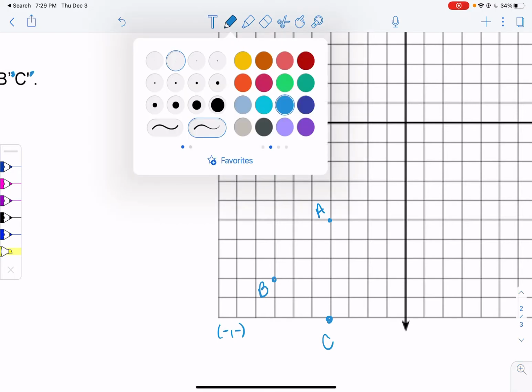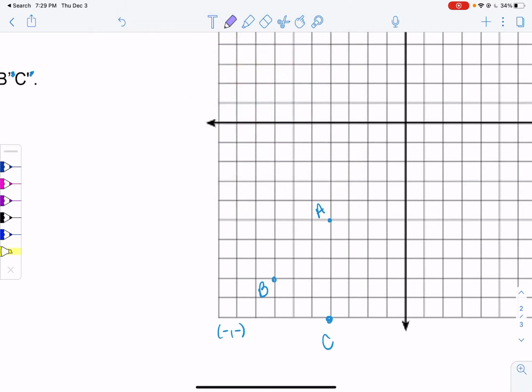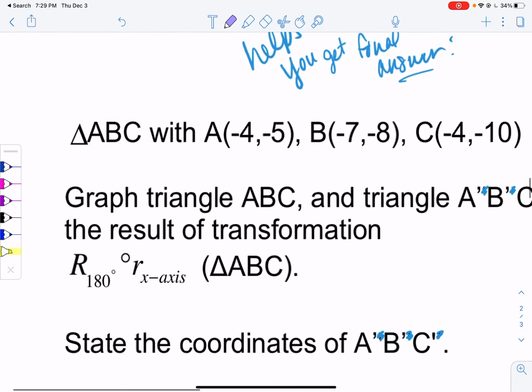I'm going to connect those with some nice lines. And it's not perfect, but it'll do. So triangle ABC is in purple.